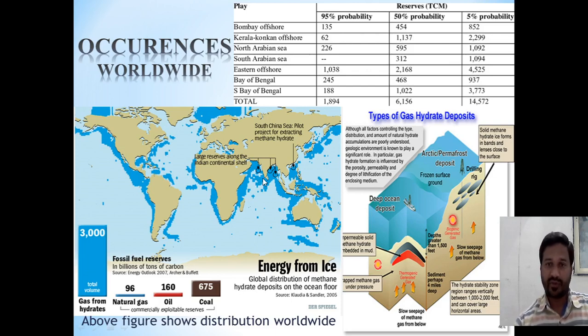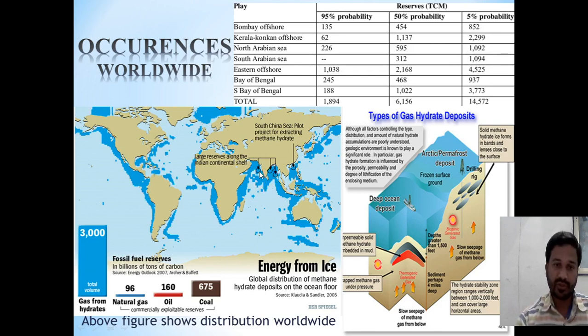And especially if we talk about India, which I care about, we have a three-sided ocean, a peninsula type of land. Our land is called a peninsula, covered by oceans on three sides.